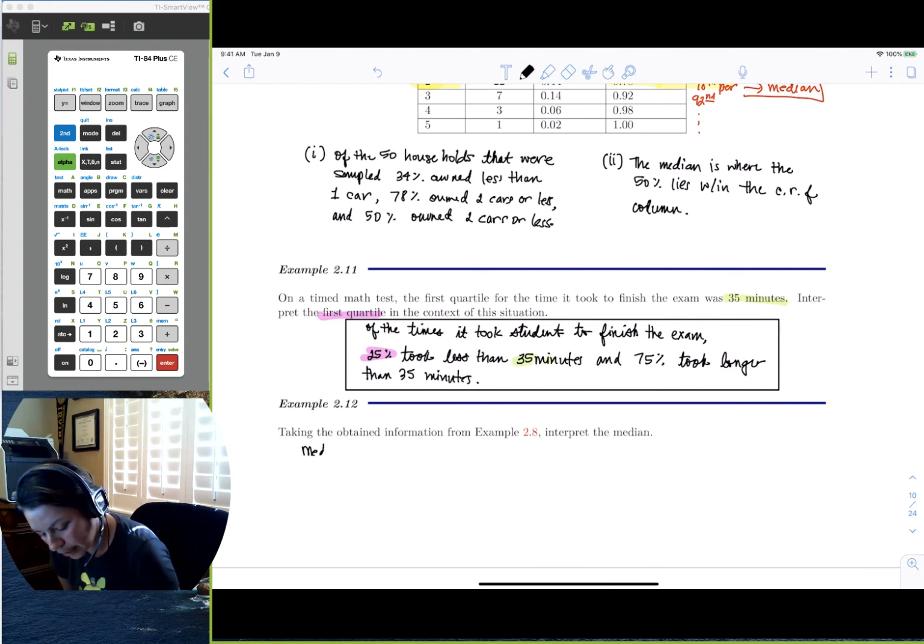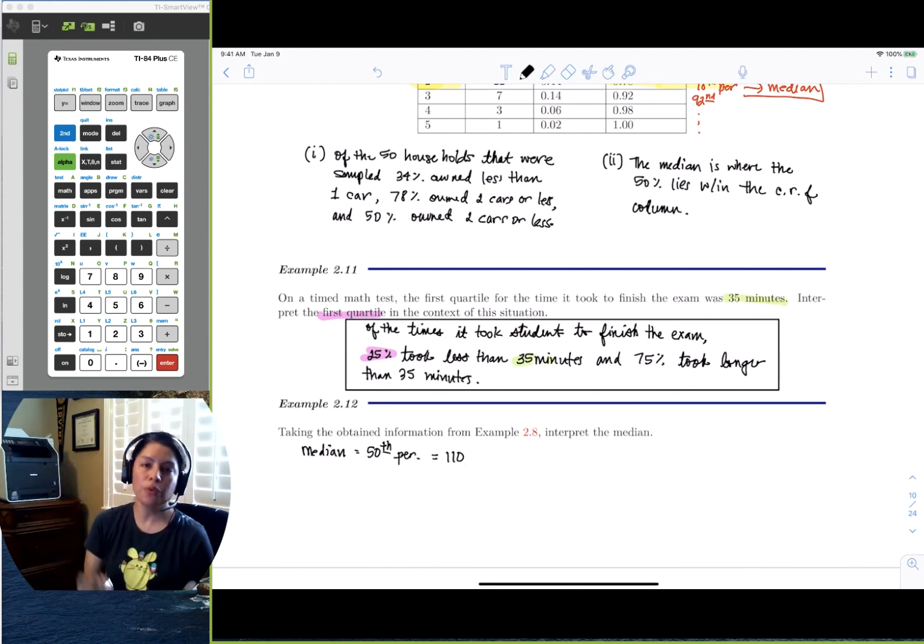So the median is the 50th percentile, which was 110. Now we know that these are weights of models, and the weight is in pounds. And we know that the median is the 50% mark, which is halfway.